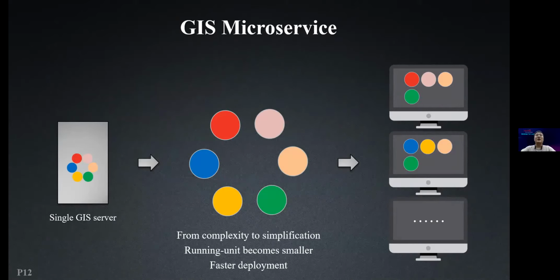We just divide the GIS server into different independent GIS services, and then it can help us achieve simplification from complexity, and the running unit becomes smaller, so it can achieve faster deployment.